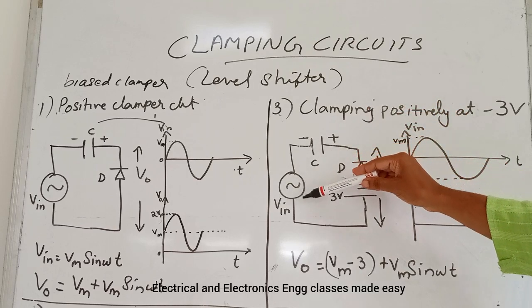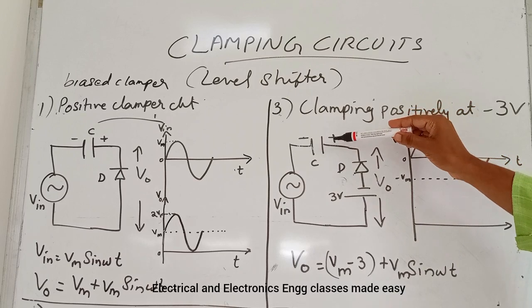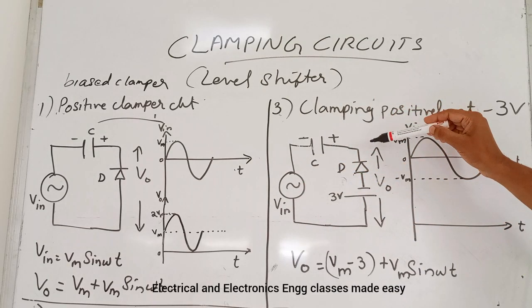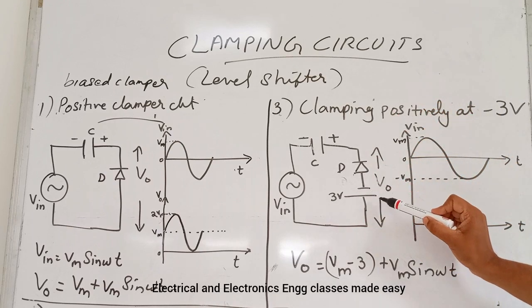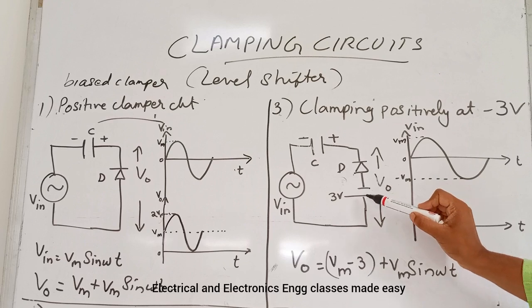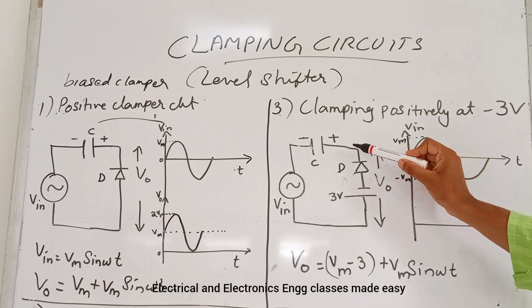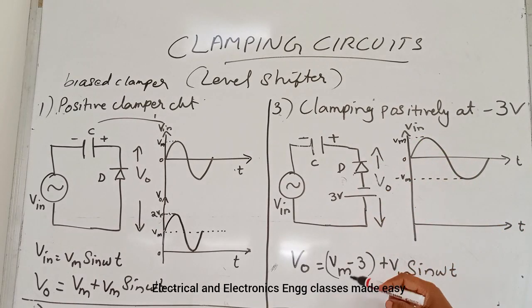During the negative half cycle, the diode is forward biased and the capacitor charges through the DC source and diode till Vm minus 3, because this is plus minus. So in this way, if we are taking, then we will get minus 3. So the capacitor charges till Vm minus 3 volts.